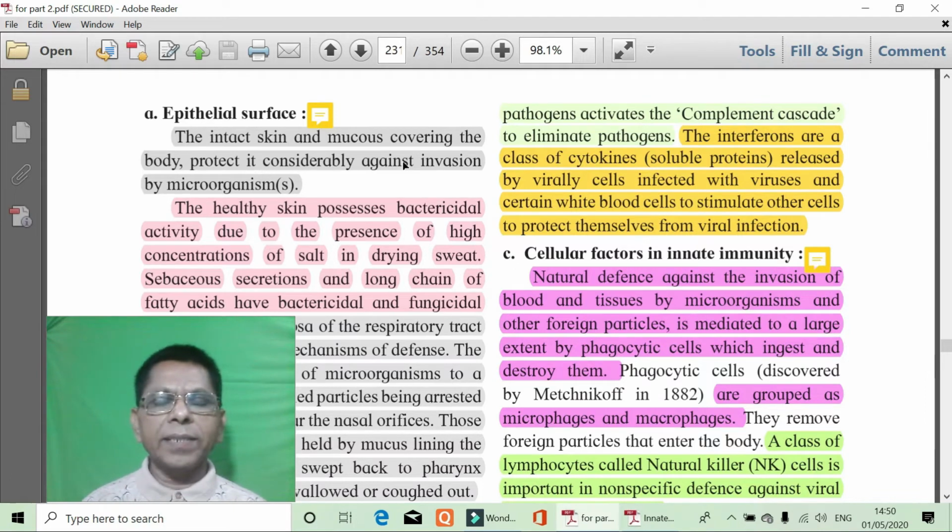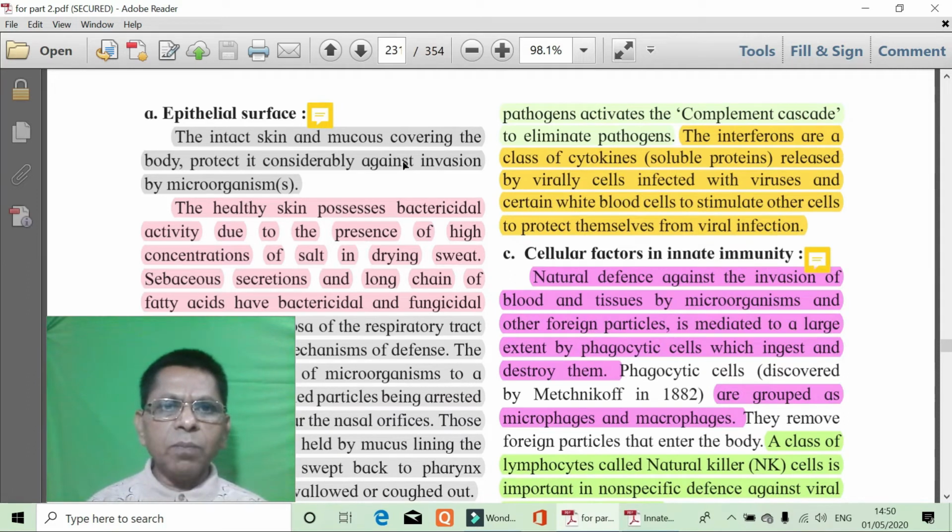For example, the oral cavity, gastrointestinal tract, then respiratory tract, then urogenital tract, then the eyes as well as ears. There you will find the mucus covering the body.